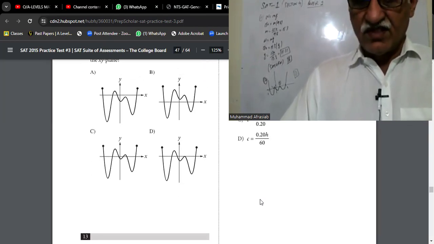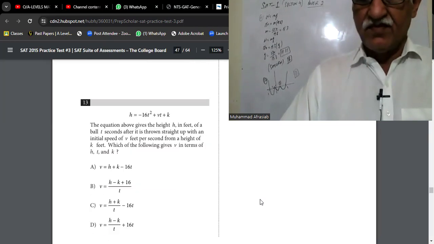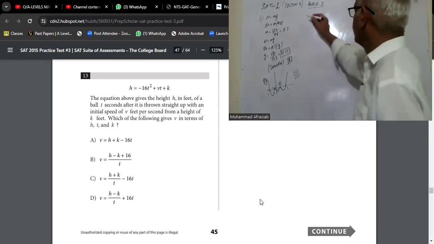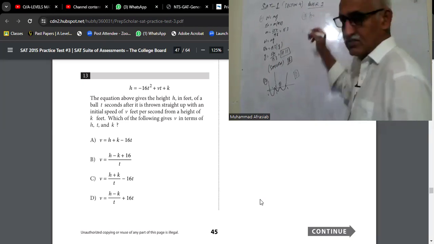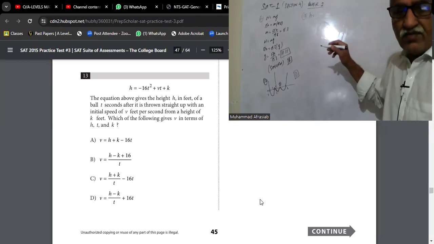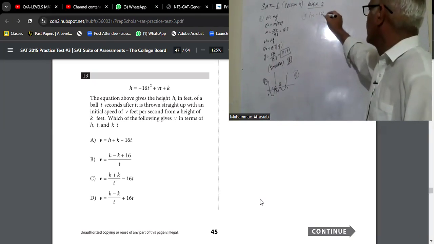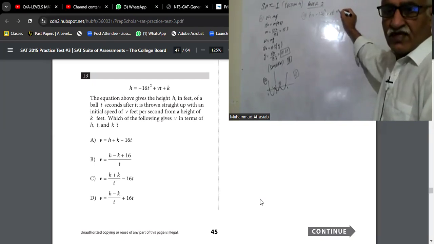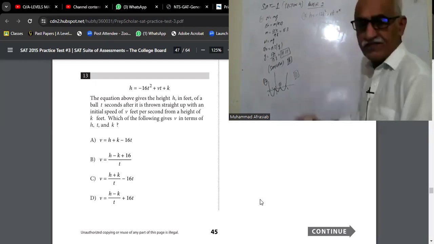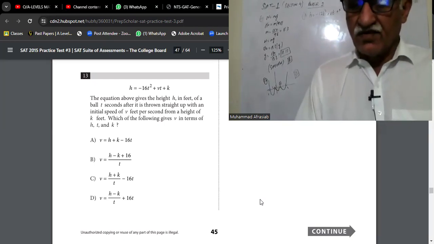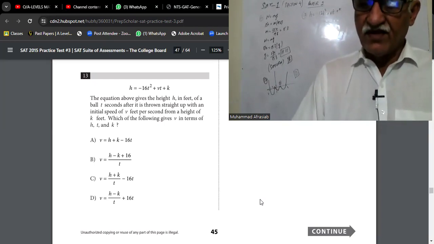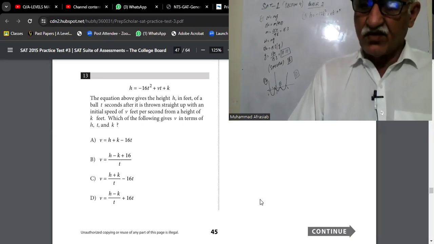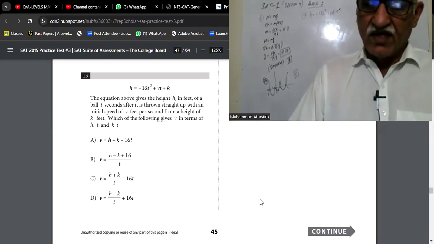Now question number 13. H is equal to minus 16t square plus Vt plus K. So we know that the equation gives the height h in feet of a ball, t seconds after it is thrown upward with the initial speed v meters per second from a height of k feet.